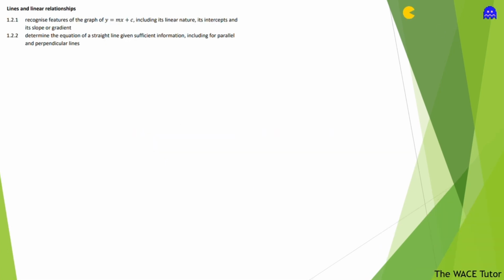Okay, so the first thing I want to draw attention to is the equation of the line y equals mx plus c. This equation has two distinct features. First, it has a gradient, which is denoted by the letter m, and second, it has a y-intercept denoted by the letter c.